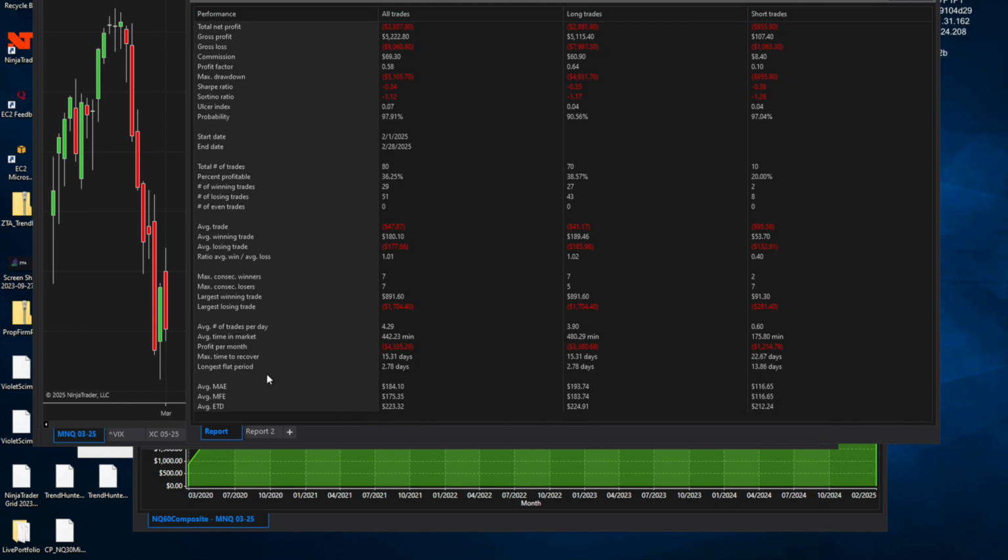This is now our second red losing month. Not in a row. We were small red in December of 2024, and this has been our second and our highest losing month to date.